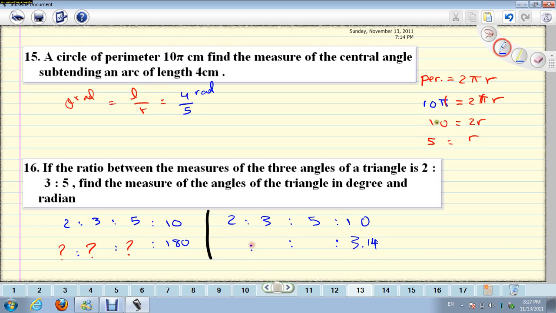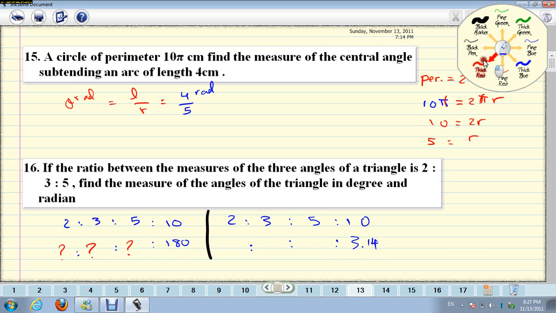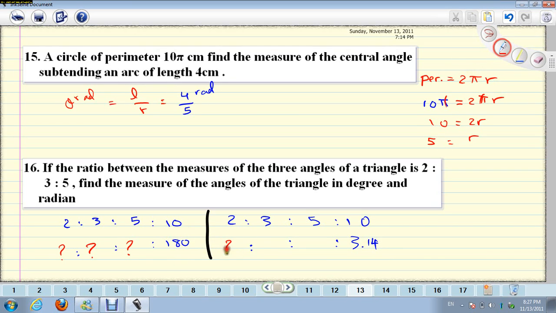And now you're gonna make a cross multiplication for this one to get the measure of each angle. Use a calculator. The answers here are 36 degrees, 54 degrees, and 90 degrees.